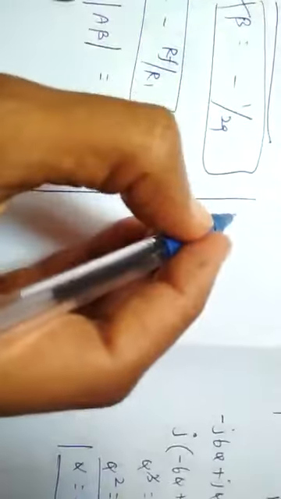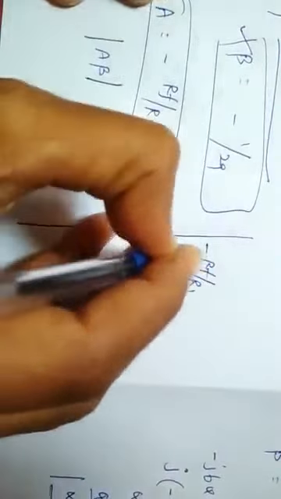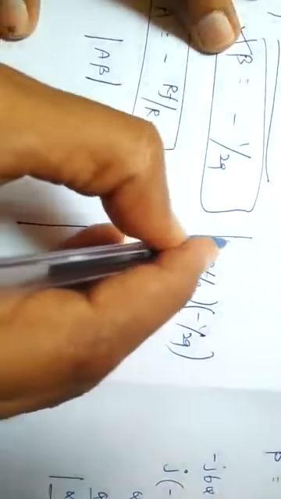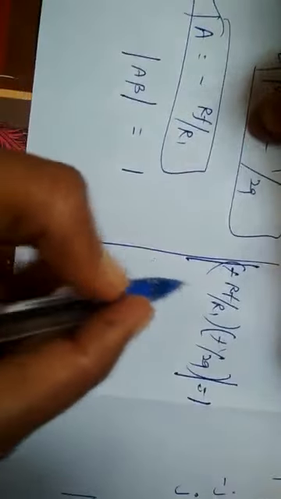Here A equals minus RF by R1 into beta equals minus 1 by 29, and if you put modulus, this must be equal to 1. So these two minuses cancel each other and the modulus will eliminate the minus.